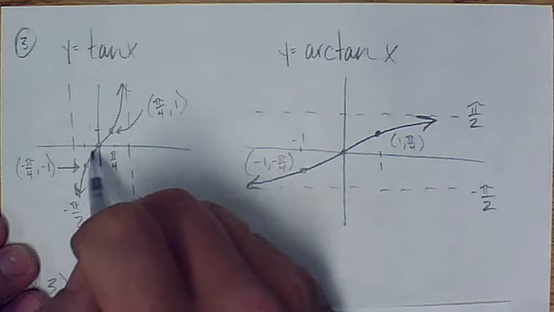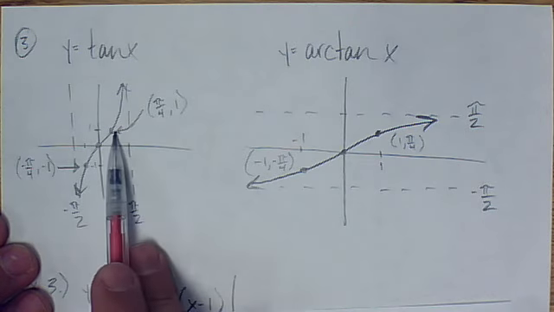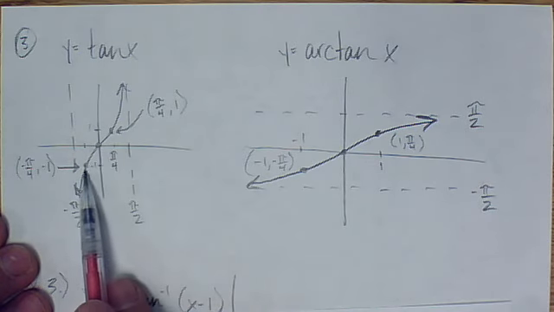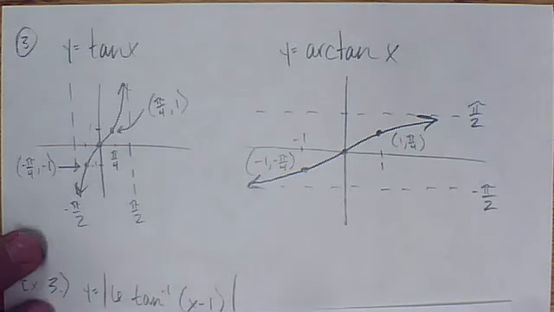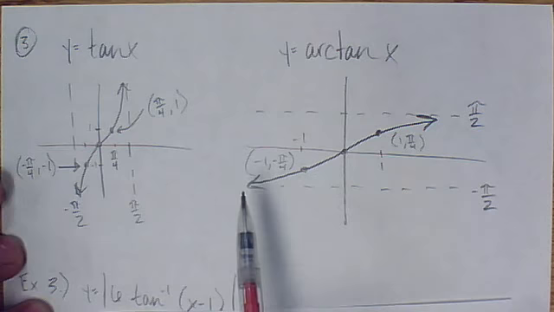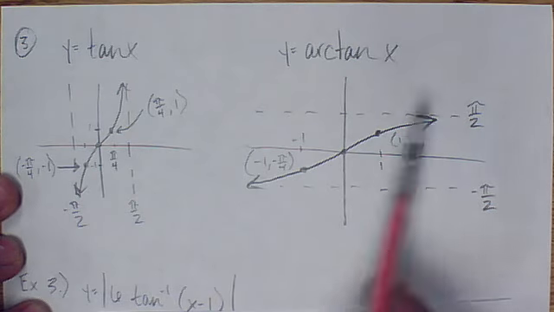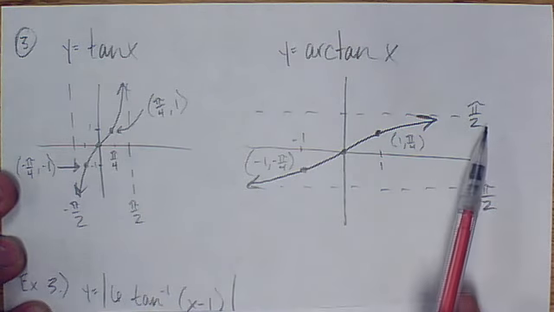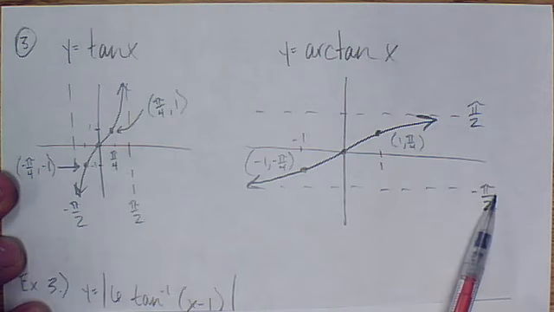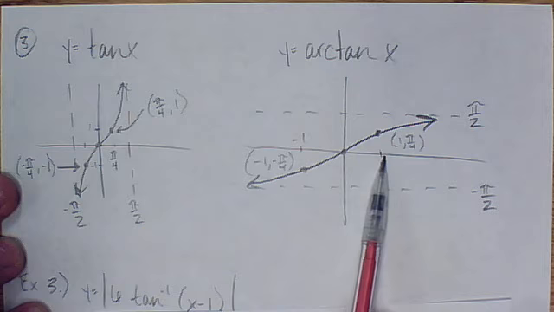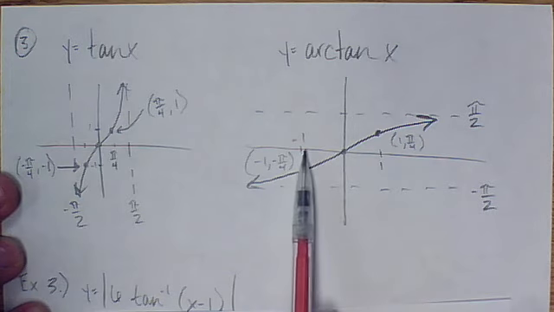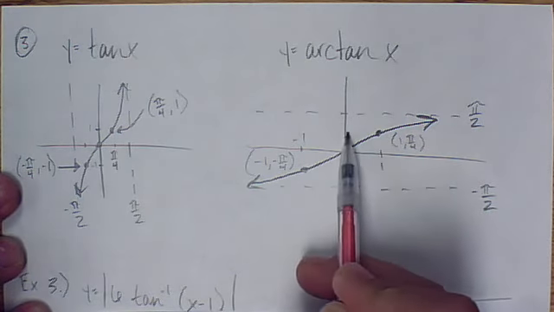I gave you these other key points, pi over 4, 1, -1, negative pi over 4. So when we reflect it over y equals x, now those vertical asymptotes become horizontal asymptotes. We have key points at 0, 0, 1, pi over 4, and -1, negative pi over 4.